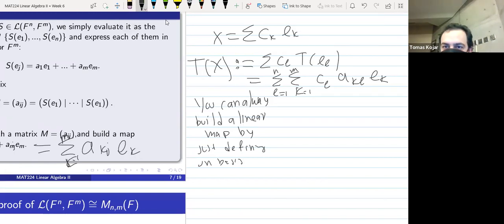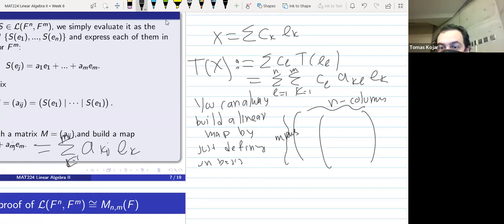Let me break this down. You have the input, you have N columns, and you have M rows. An entry over here will be of the form A_{1L} all the way to A_{ML}. But don't write these double sums.